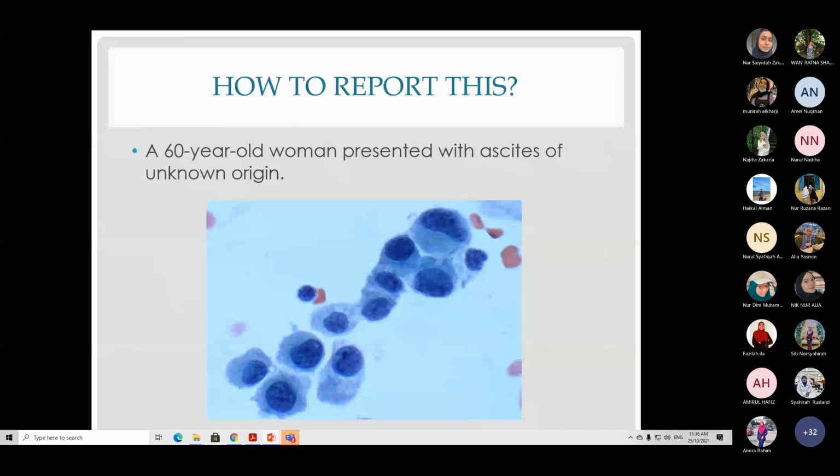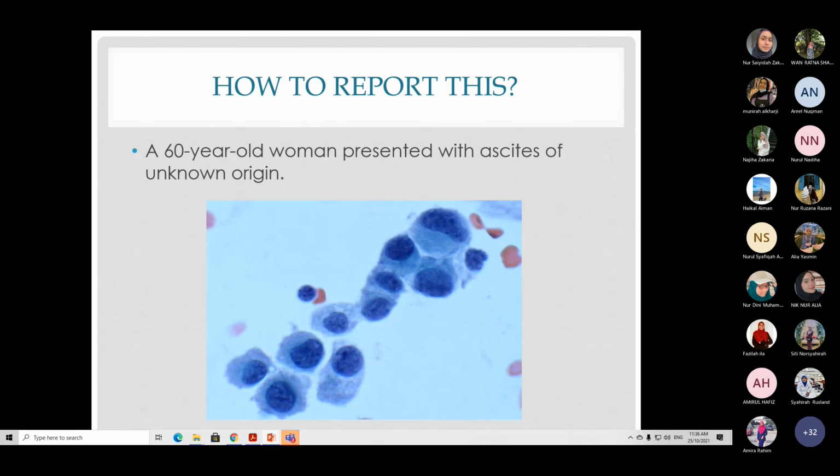Okay, which one? Positive? Is this a malignant cell? Do you think this is positive or negative?